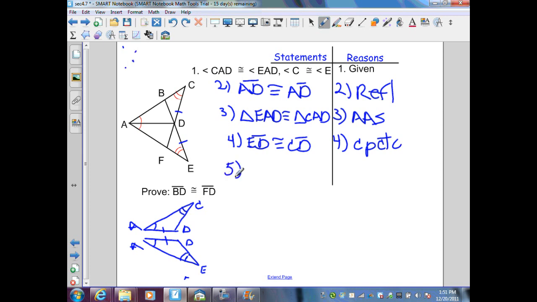Then I can label angle BDC congruent to angle FDE by the vertical angle theorem.